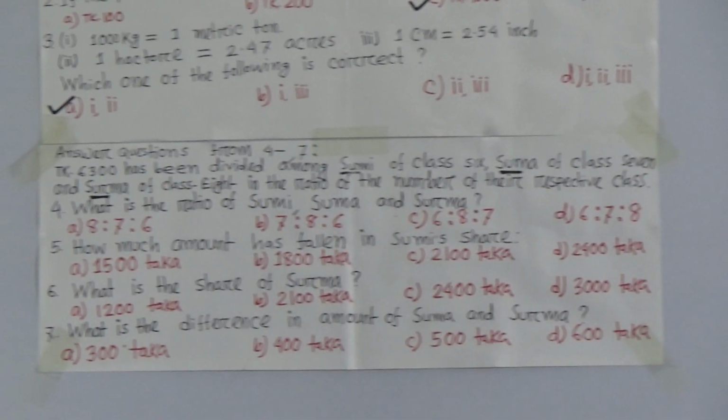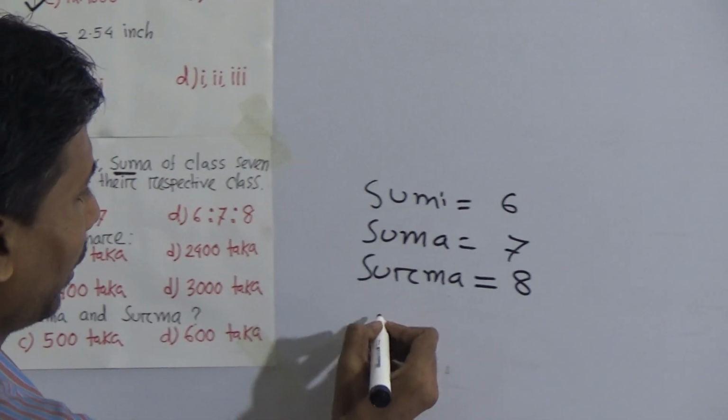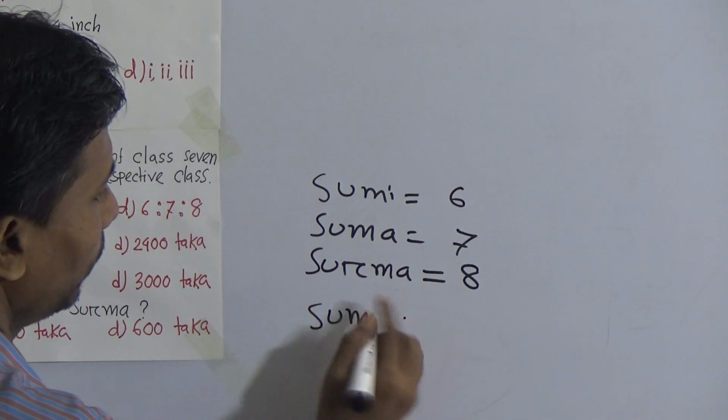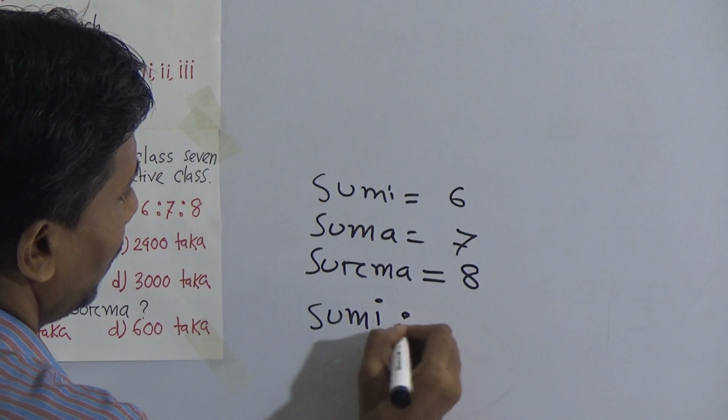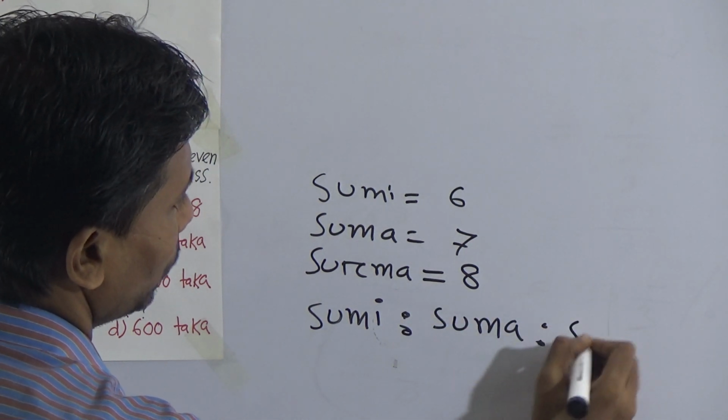If we write this as a ratio, then we can write Shumi is to Shuma is to Shurma.